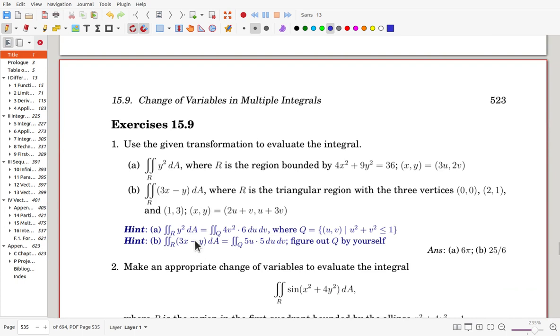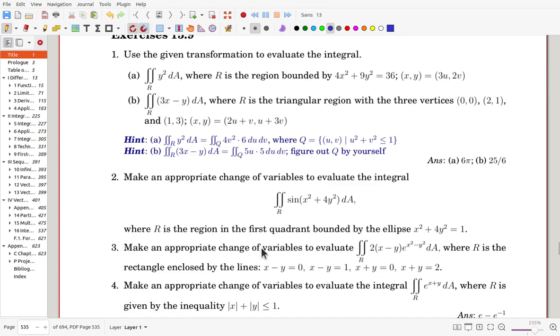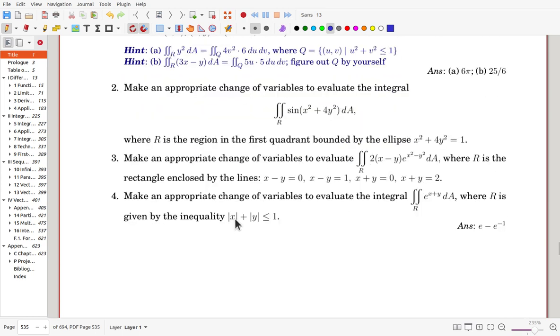Okay, we have some exercise problems, and for number one, the hint is already given. This is similar to one problem in the practice problems.